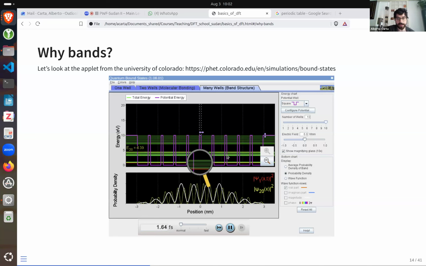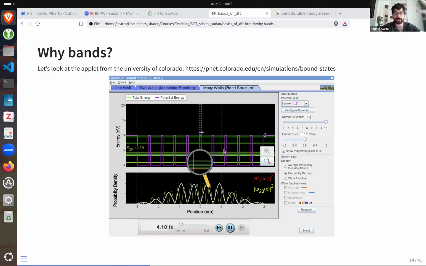Okay. But as you can see here, or even like the excited states, you're going to have bands. You're going to have a lot of states that concentrate into very particular parts of the energy space. Okay. This is the first example of a band structure.